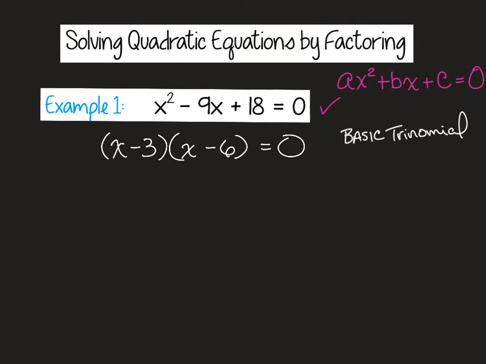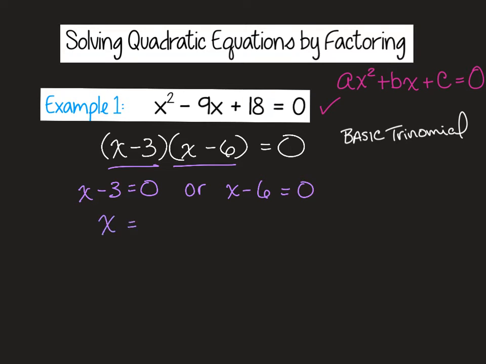All right, once you have it factored completely, the next step is to use the zero product property and solve for the variables. So by the zero product property, if this times this equals 0, one of them must be 0. So either x minus 3 equals 0 or x minus 6 equals 0.